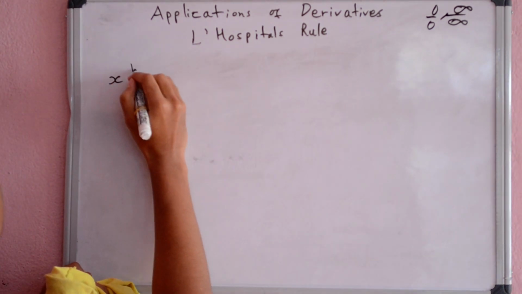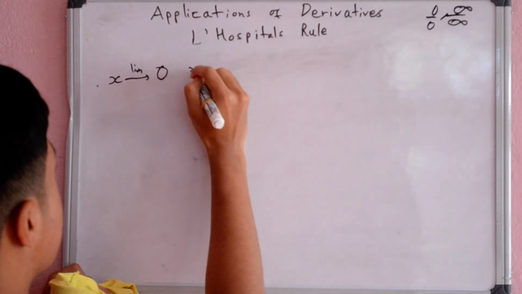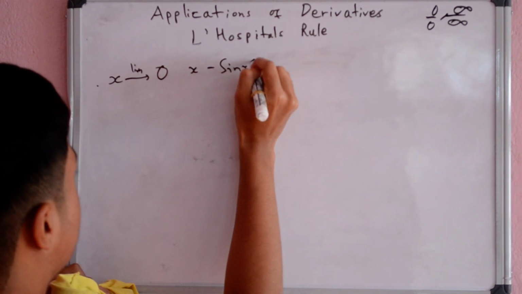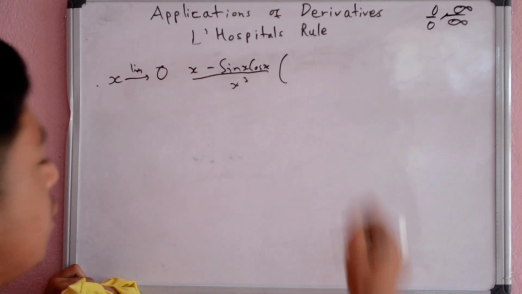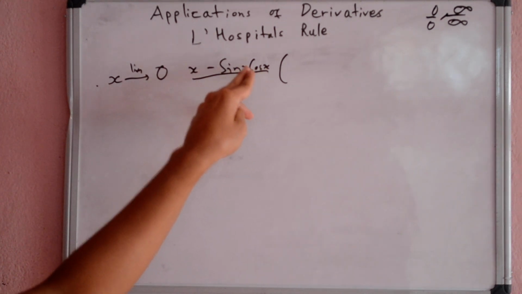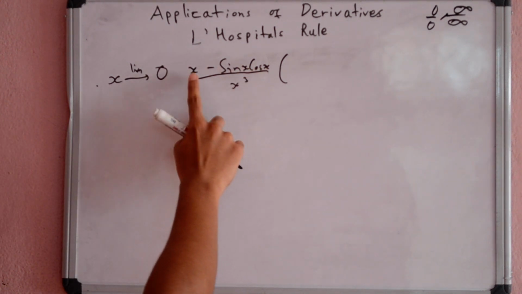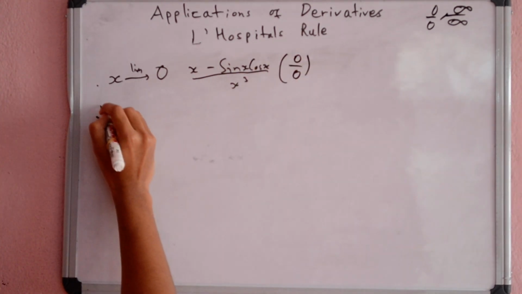Here, x limiting 0, (x minus sine x cos x) by x cube. So which form is this in? If you put 0 here, this just becomes 0 by 0. So we can use L'Hospital's rule.